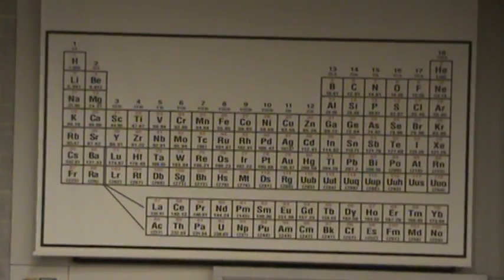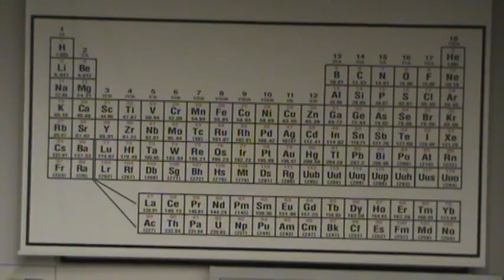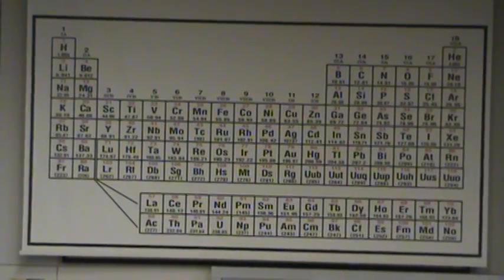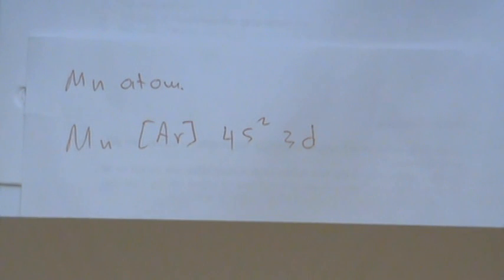Manganese is in what period? Period 4, right? 1, 2, 3, 4 lines horizontal, period 4. So it's going to be 4s2, right? You see that? 4s2. And then we go n minus 1, that means 3d, how many?